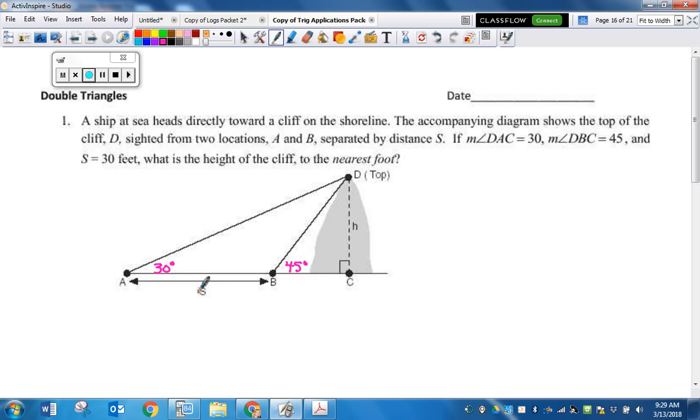They also tell you that S is 30 feet. So from A to B is 30 feet, and they want to know what is the height of the cliff to the nearest foot.